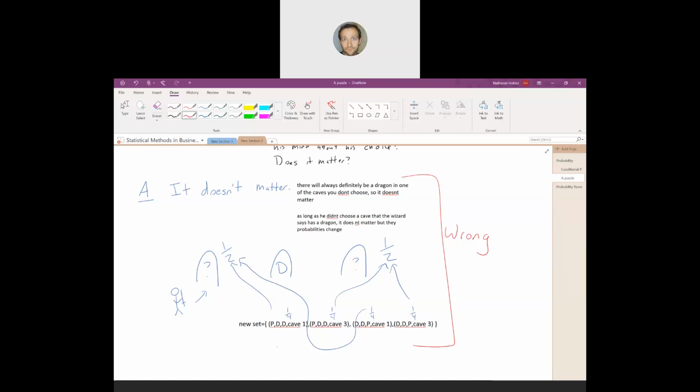You might even come up with a justification like this, but this is not true, which is why this is a well-known puzzle, I guess, in probability. The correct answer is that he should always change his mind. Given this kind of information, change your mind. It will work out better for you.